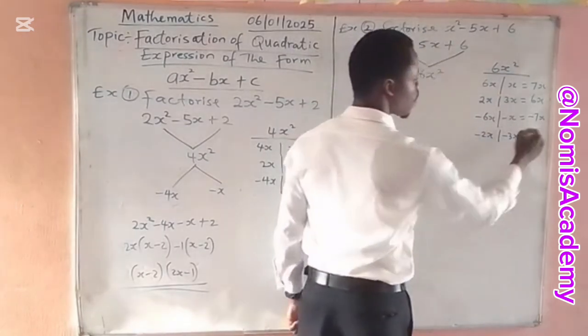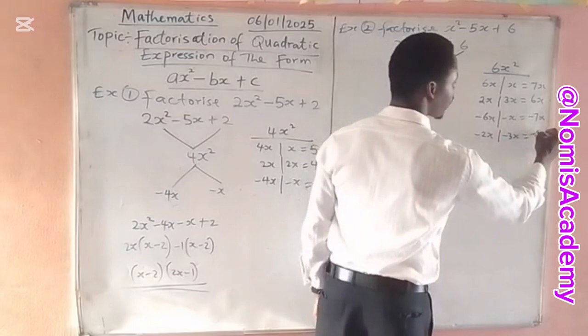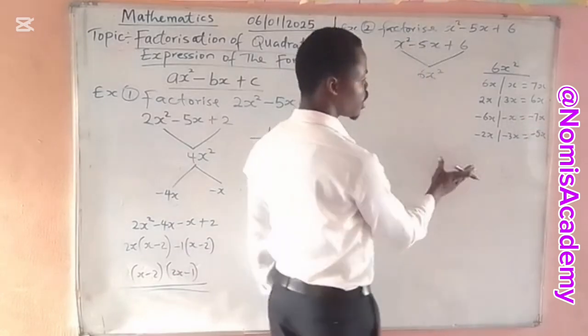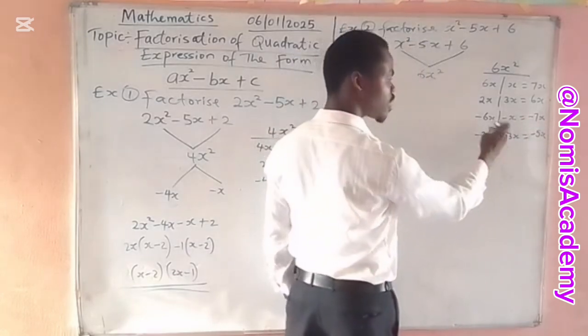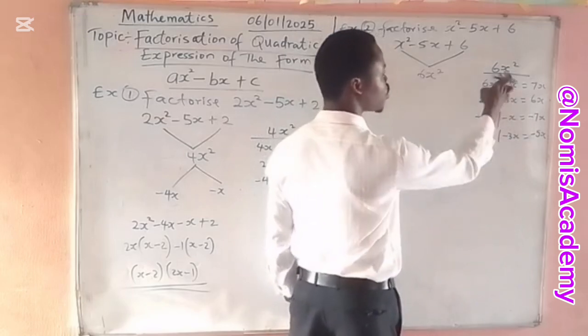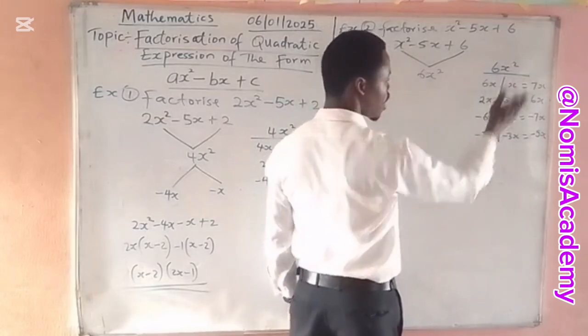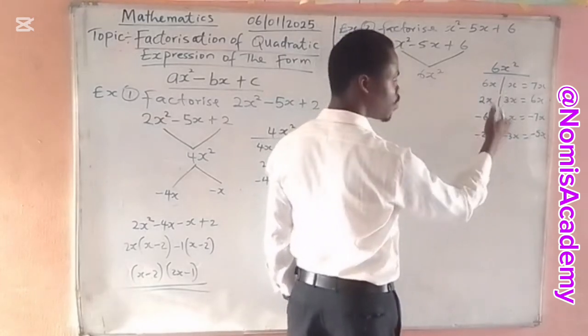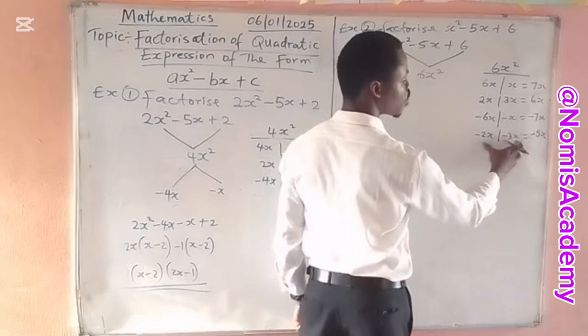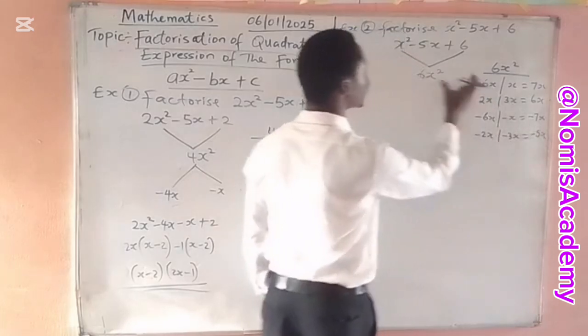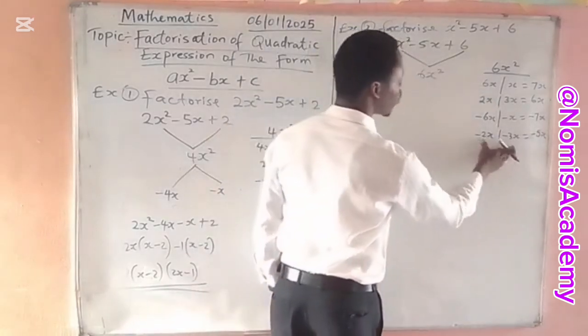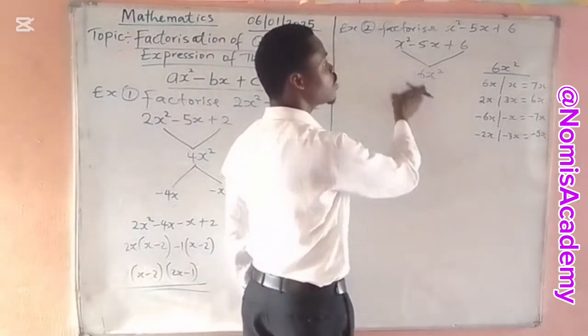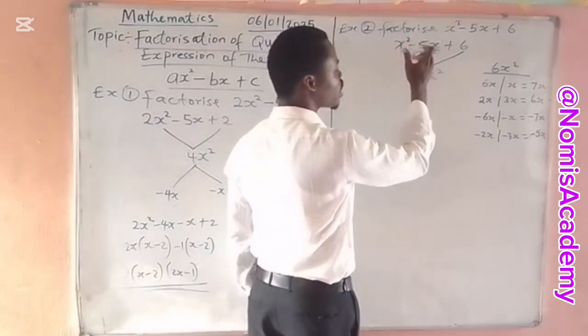They sum up to minus 5x. Now you can check it very well. Minus 2x times minus 3x will give you 6x squared, and then minus 2x plus minus 3x will give you minus 5x. So these two factors are what we actually need to factorize this quadratic expression.